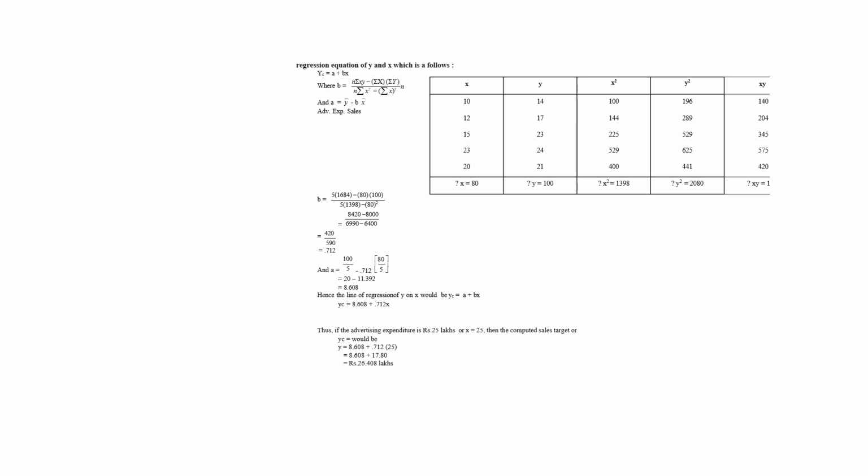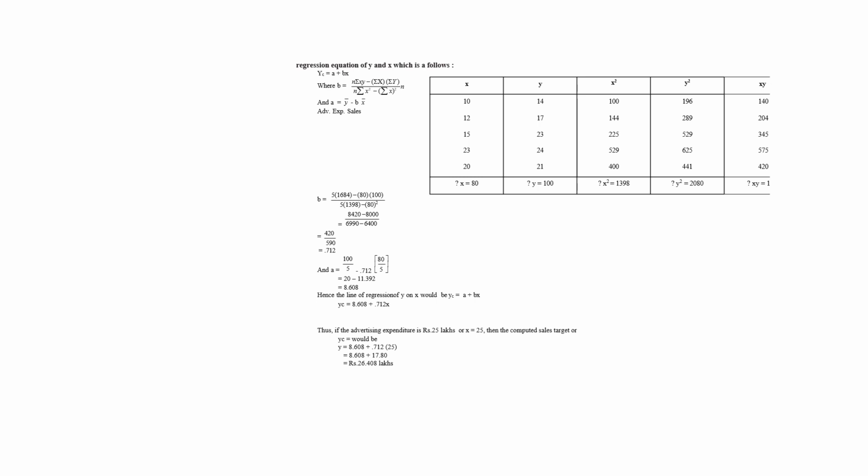Here b is equal to n summation of xy minus summation of x summation of y, divided by n summation of x square minus summation of x the square. And yc is a plus bx; we do not know a yet.